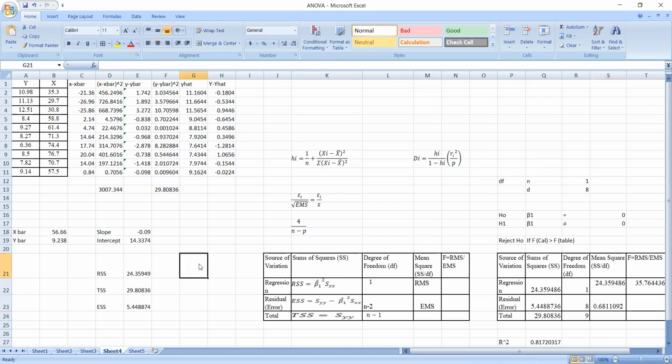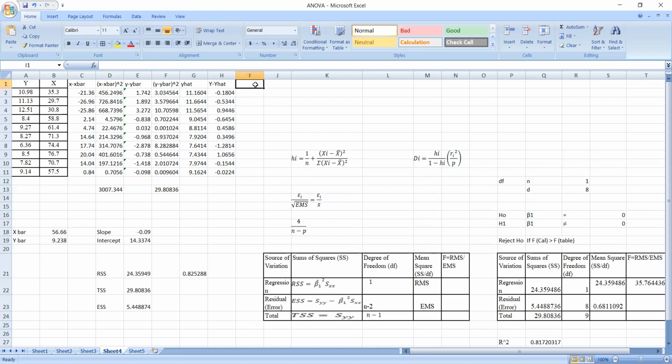We'll just calculate the square root value. If you check the square root of the error mean square, 0.6811, that is 0.825. So we are going to substitute this value into the equation to obtain the standardized residuals.